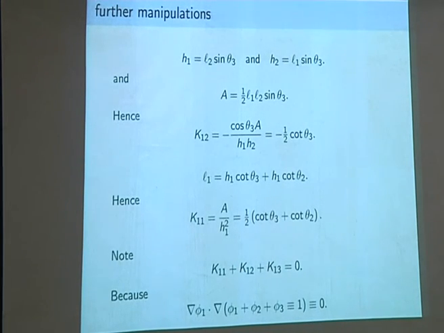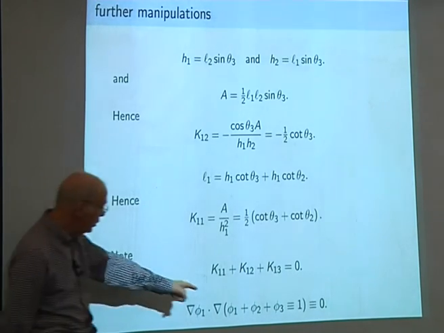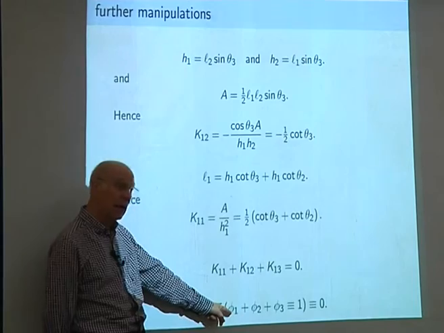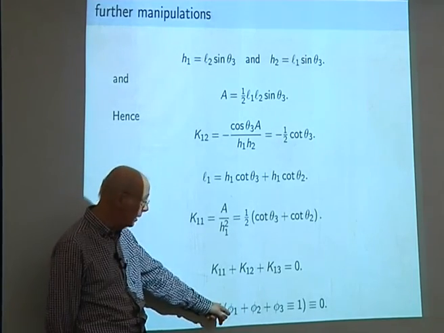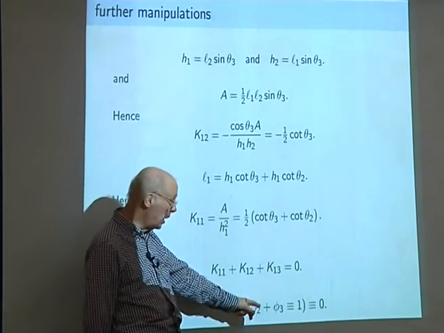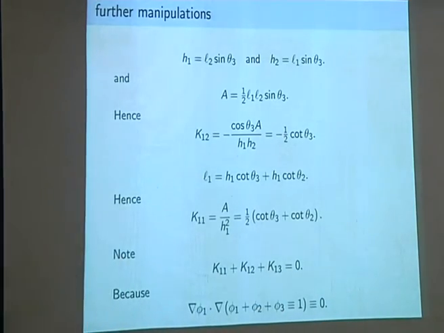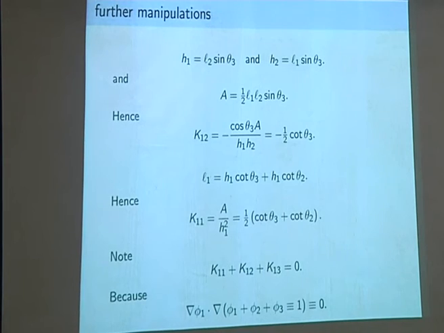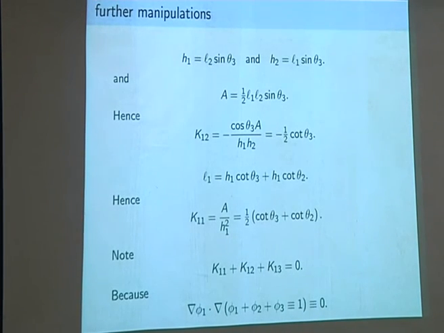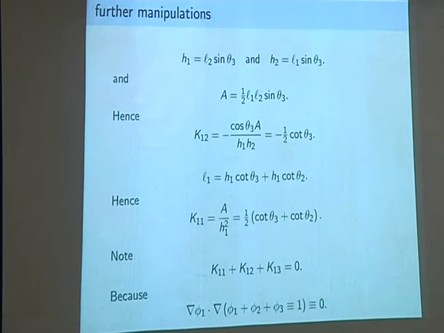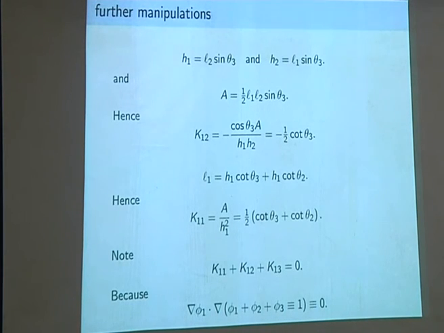Okay, and there's a reason for that, and that is because phi 1, which is linear and is 0 at 2 points and 1 at vertex 1, phi 2, which is 1 at vertex 2, and phi 3, which is 1 at vertex 3. If we add those 3 together, we get a function which is linear, because we're adding 3 linear functions, which is 1 at each of the vertices, which is commonly known as a constant, 1.